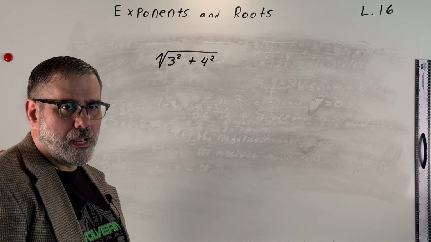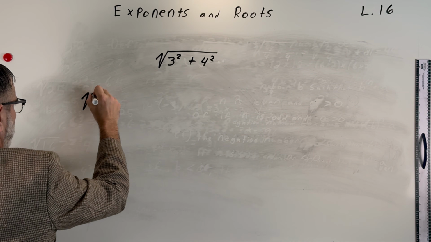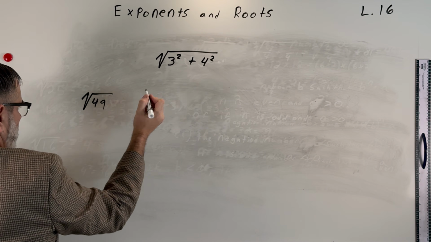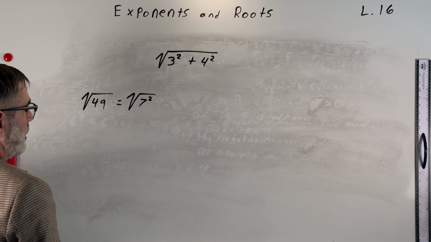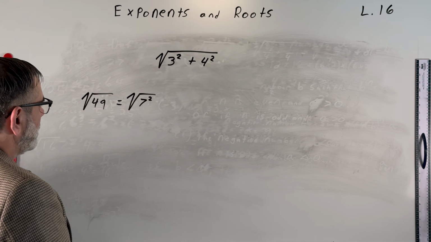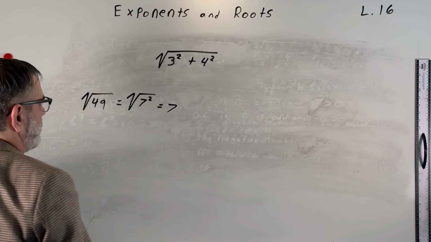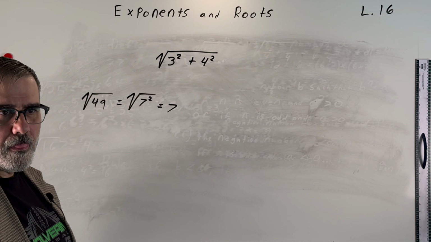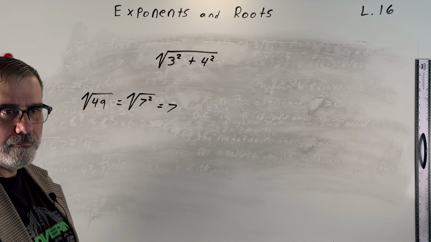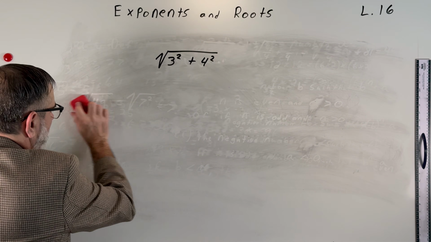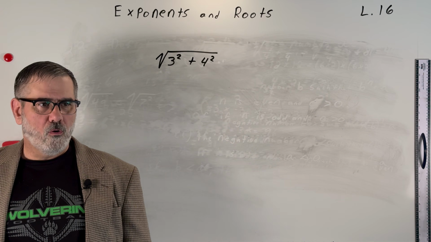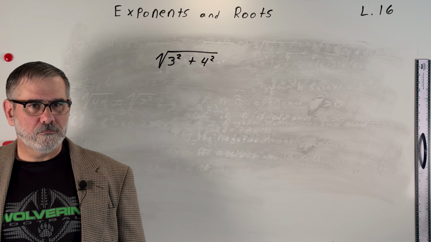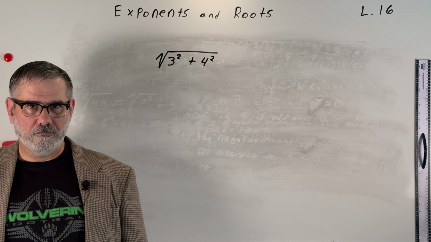And I want you to keep in mind, right, that if I write the square root of 49, which we just did a minute ago, I could rewrite that as the square root of 7 squared, yes, which is just equal to 7 by definition. Do you see that relationship? That's kind of the right way to look at it. But I'd like you to try the square root of 3 squared plus 4 squared. So pause the video, try that now, come back when you think you have your answer.